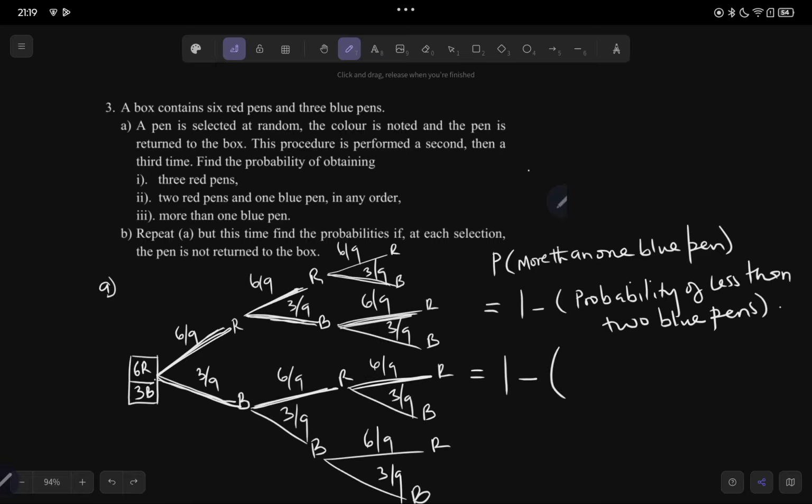Now less than 2, because when they say more than 1, it means 1 itself is excluded. So 1 and 0 do not fit in more than 1. More than 1 excludes equal to 1 and equal to 0. That forms the complement of more than 1 blue.